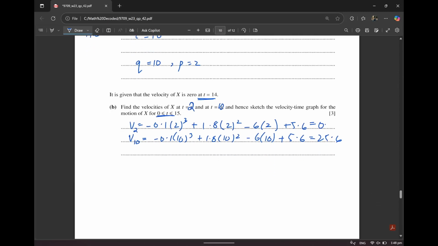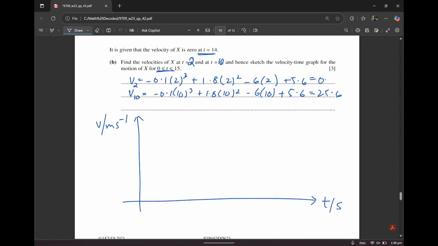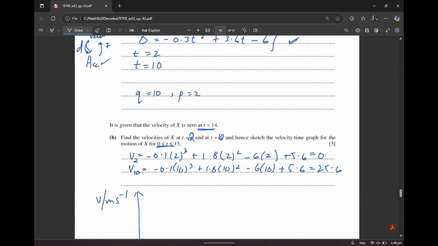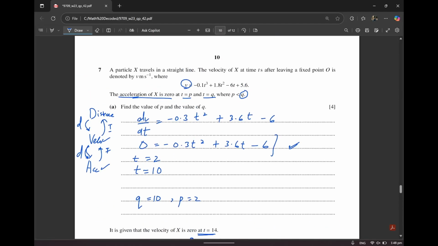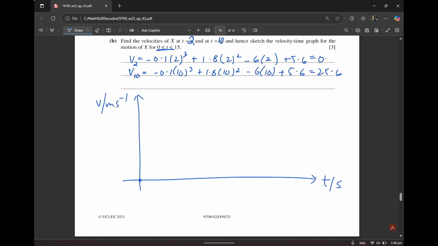Now let's sketch a graph. Sketching a graph is actually pretty simple. Time per second, and make sure that you label the axes. So I know that from this equation I can tell that the y-intercept of the graph is 5.6. So I'm just going to label this as 5.6.